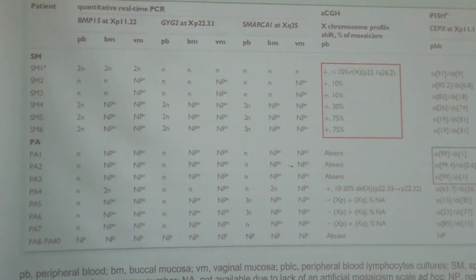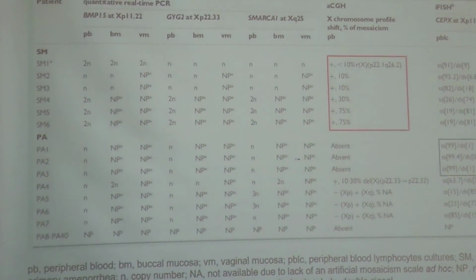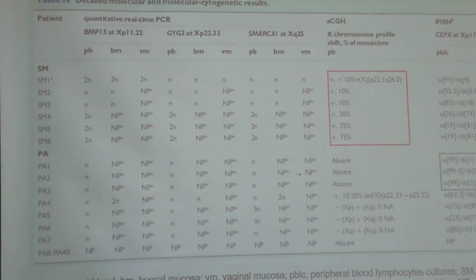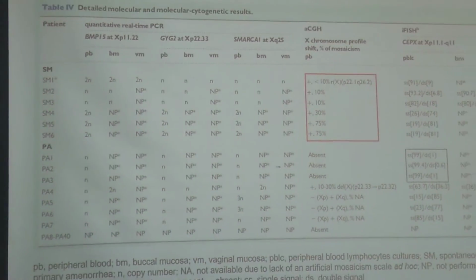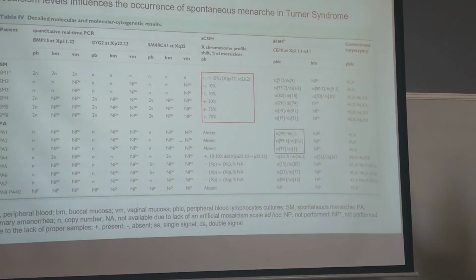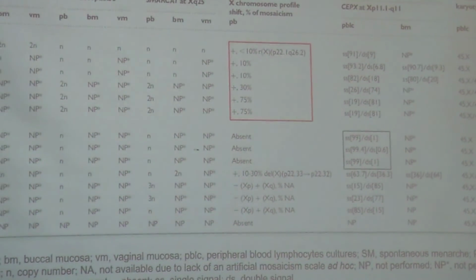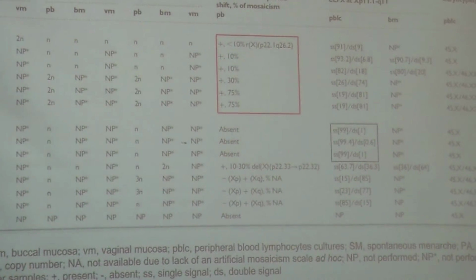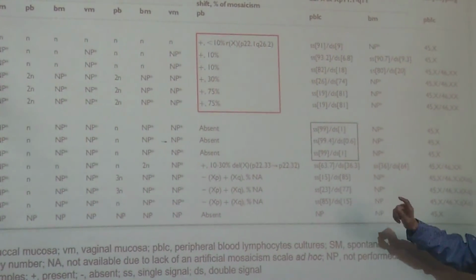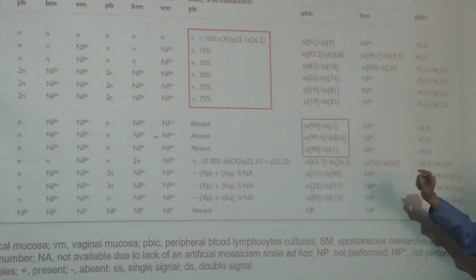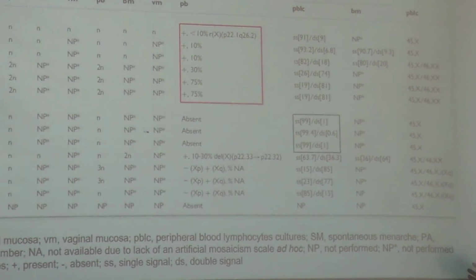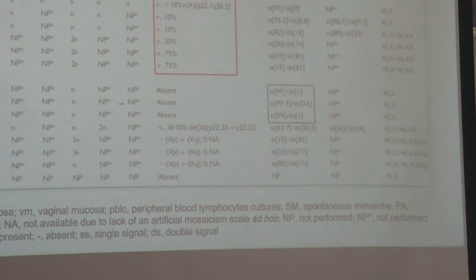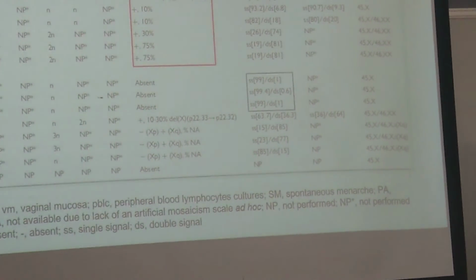Then next we will look at is the iFISH results. The iFISH revealed all SM patients and PA patients have mosaicism, even though for PA patients 1, 2, 3, they have mosaicism, but it's very low. It's in a low degree.